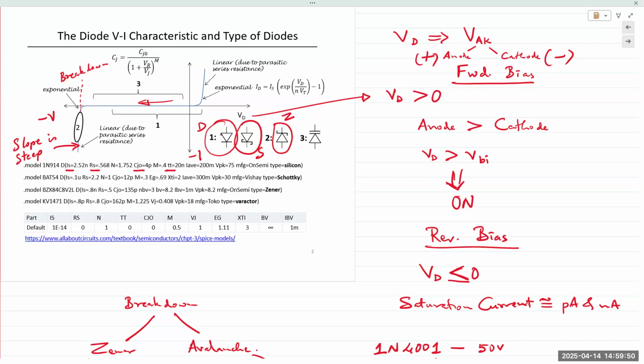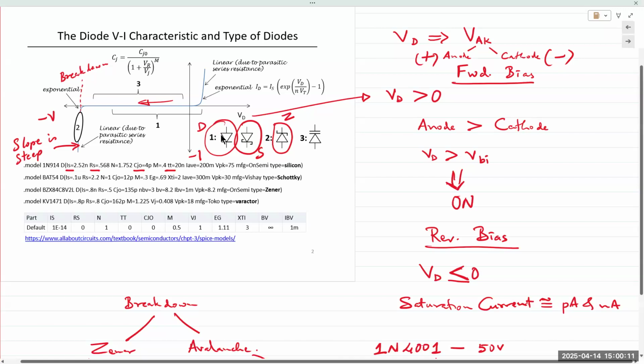Saturation current is part of the diode equation, so that's the most important. You have static resistance or series resistance, junction capacitance. These default values are automatically taken if the user does not specify them.